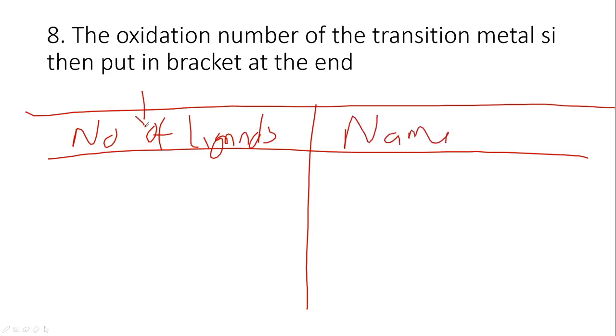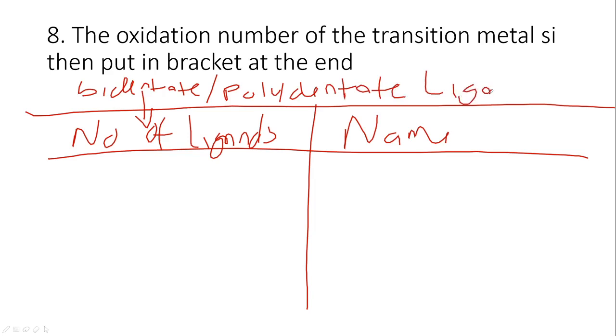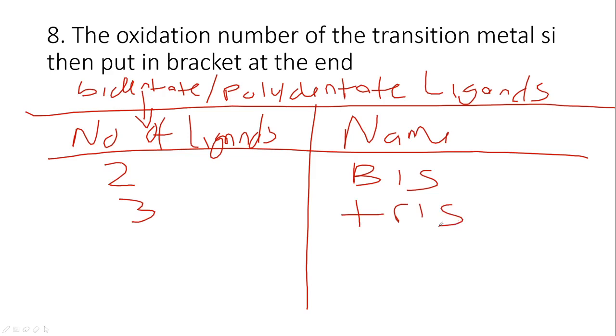Note, this rule only applies for bidentate and polydentate ligands. Now for 2, instead of it to be bi, the name changes to bis. For 3, instead of tri, the name changes to tris.